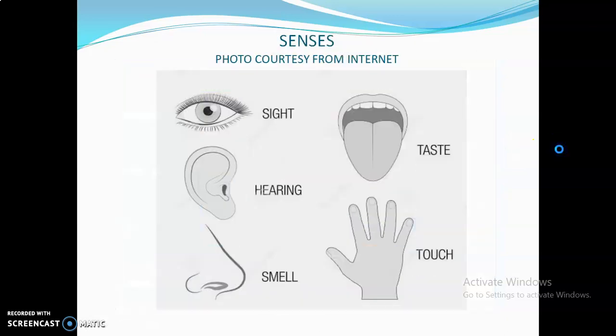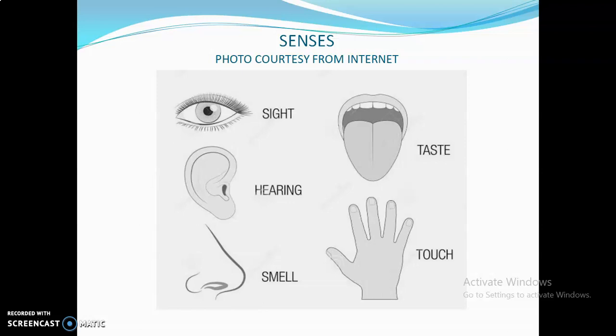Anything which is very far away from us is remote, like remote areas. And why I have shown the photographs of the remote: with the help of a remote control, without going near the TV, without touching the TV, without touching the car, we can control it with the help of the remote.